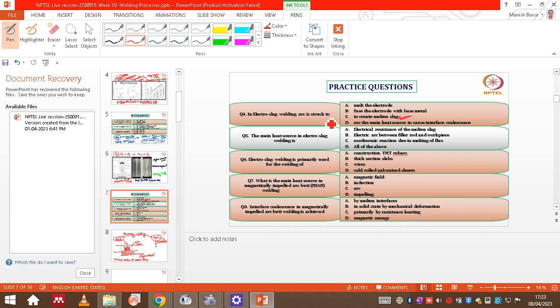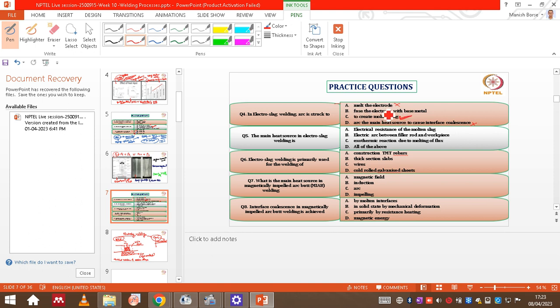And the option that the arc is the main heat source to cause the interface coalescence is a wrong option, because here the arc is not the main source, it is just to initiate the process. Obviously the arc is also not to melt the electrode.